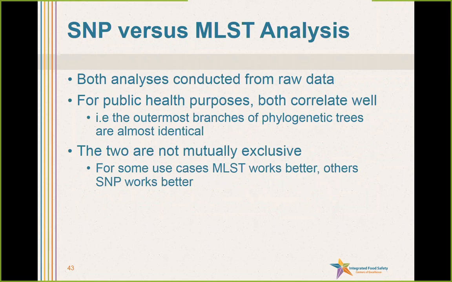The con is that this type of analysis may not be able to account for mobile elements, which might be important for antibiotic resistance, etc. But at the end of the day, it's a question of how much the horizontal gene transfer matters when trying to analyze for outbreak investigation and cluster investigation, and only in specific instances or when you have specific questions is it very critical to go to a SNP analysis.